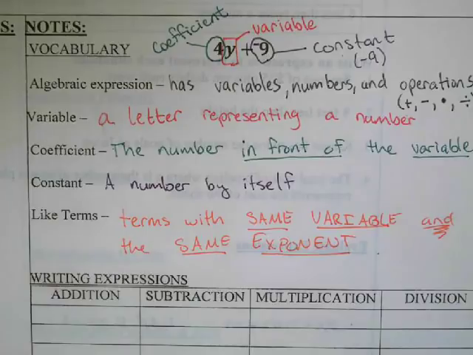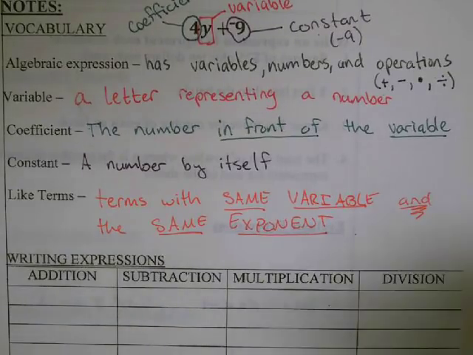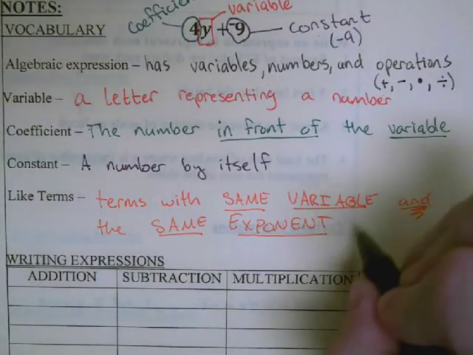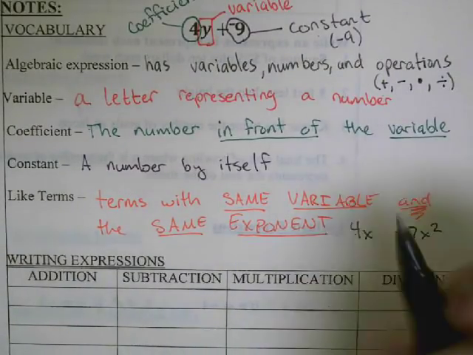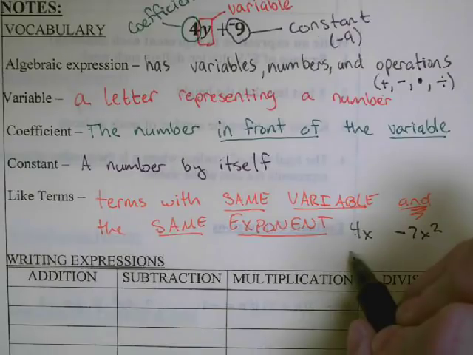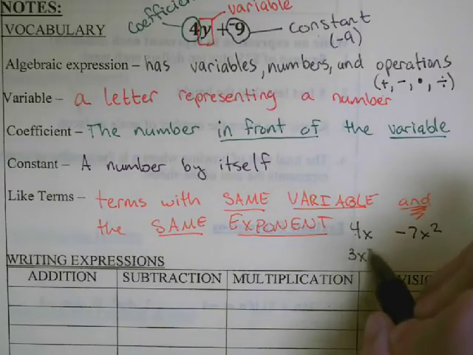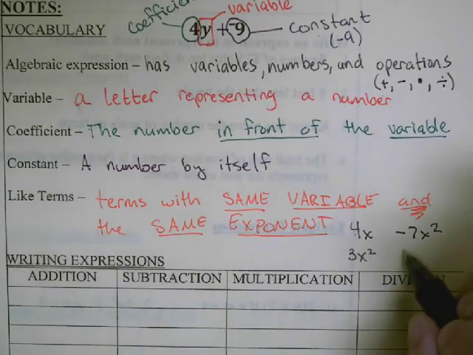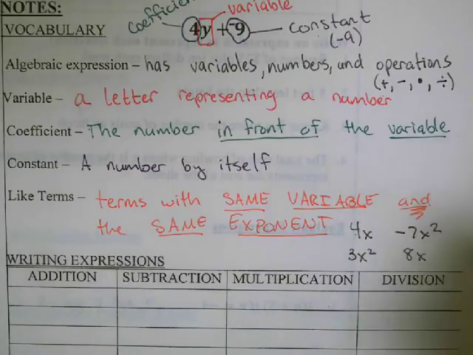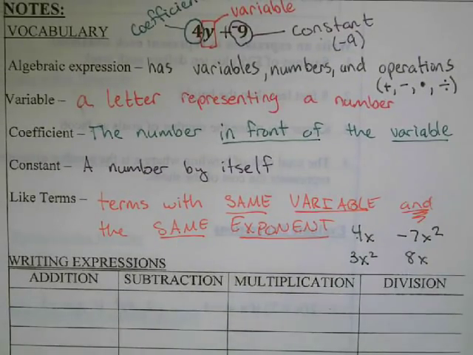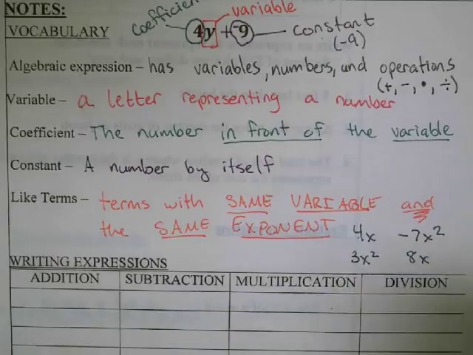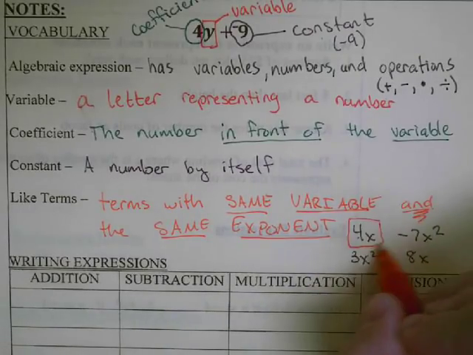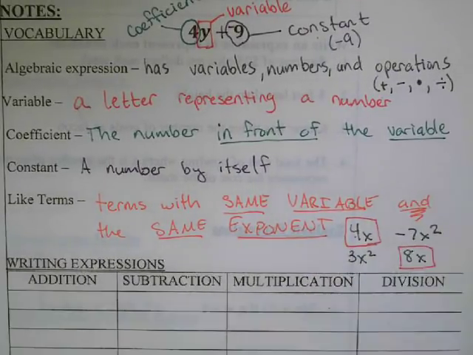So let's look at how we can think of like terms. So if I had 4x, negative 7x squared, 3x squared, and 8x, which ones are the same? Well, they need to have the same variable and the same exponent. So this term, the 4x, is the same as 8x.